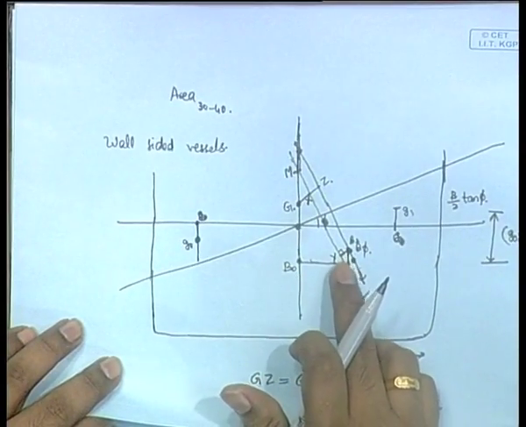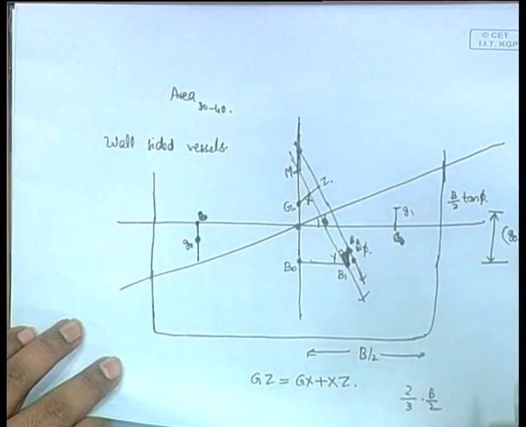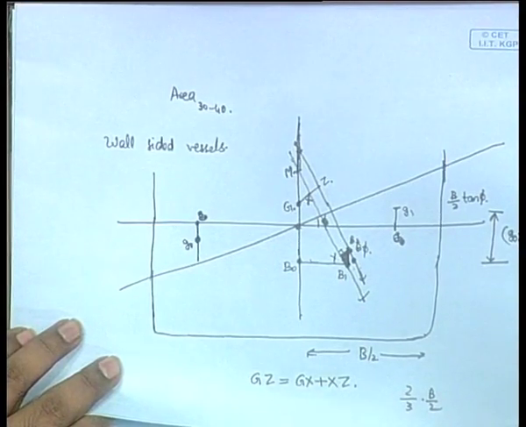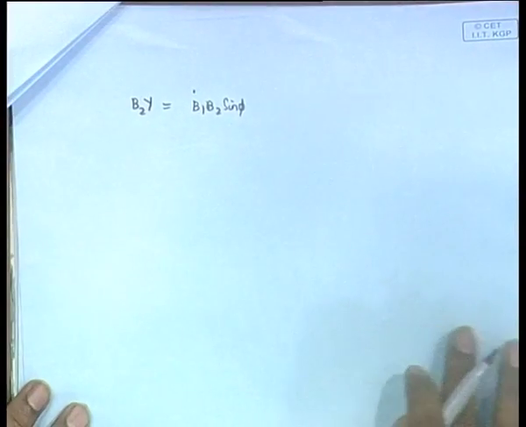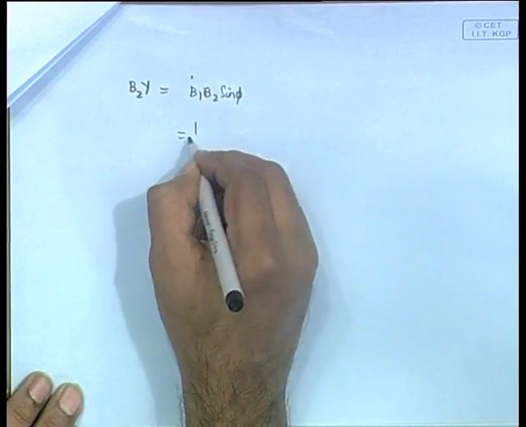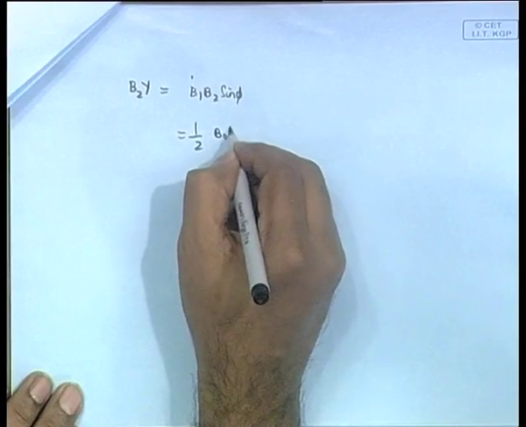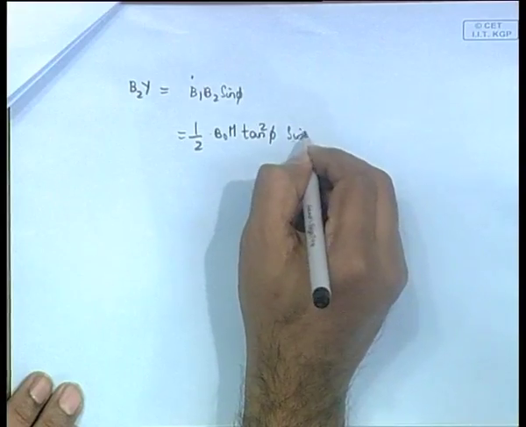Look at this small triangle which I have darkened, made with B1B2 and y. In that you will get B2y equal to B1B2 sin phi, which is equal to half B0M tan square phi into sin phi.